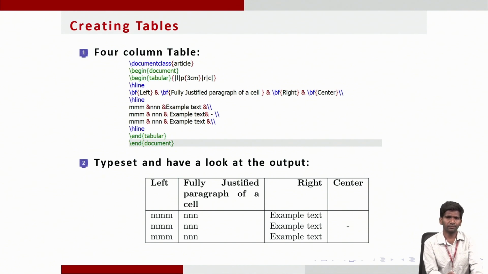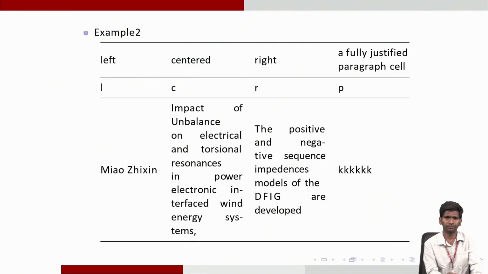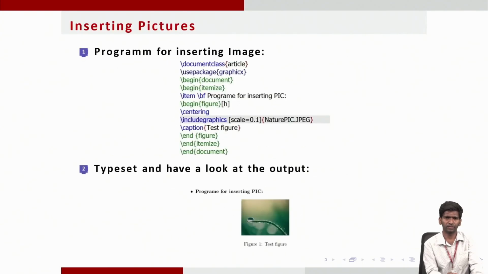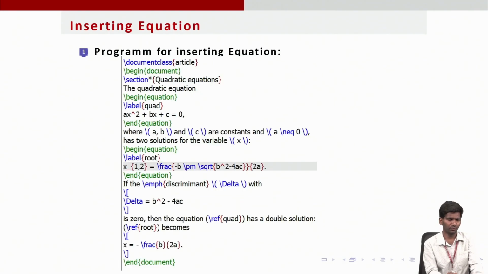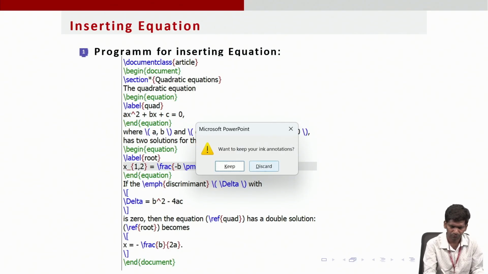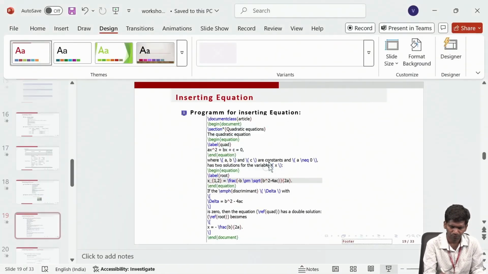This is the code for table creation that we have seen, and this is the code for inserting an image that we have seen. Now we will see how to insert equations also in LaTeX. Let me show a few equations.